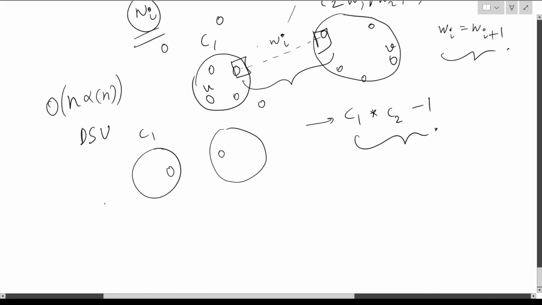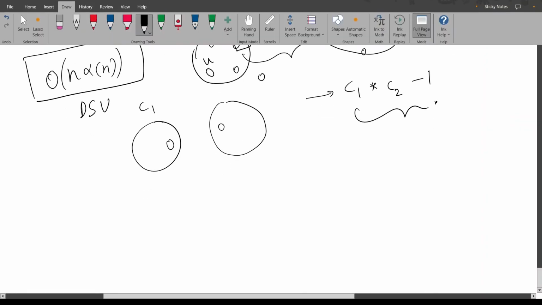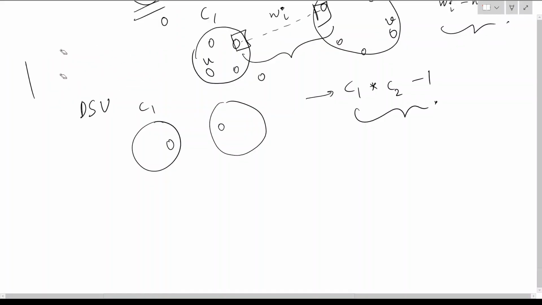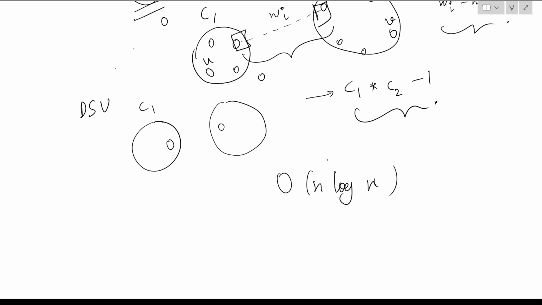Actually, my bad, this entire solution does not take this long. We are sorting all the edges, and that already takes us n log n steps. And then after that, all the other operations are close to linear or practically linear. And so the time complexity of the algorithm is O of n log n, which will work.